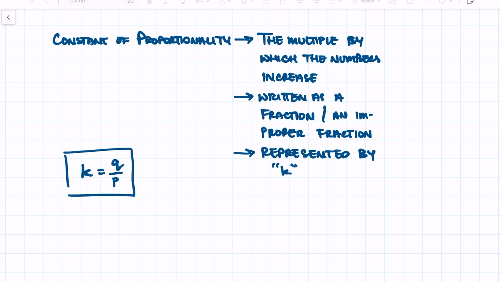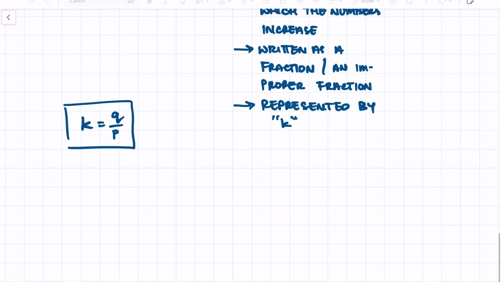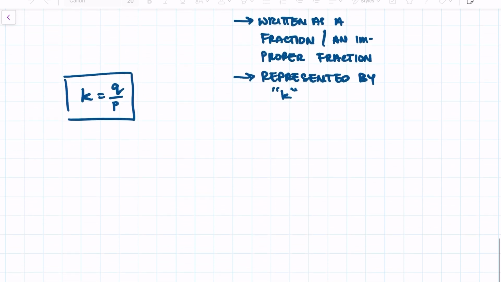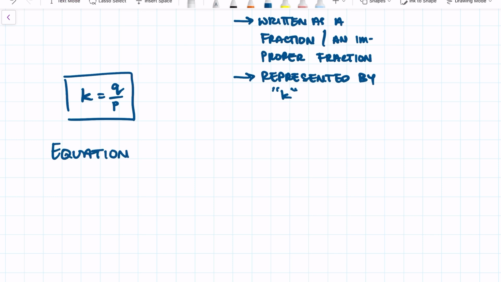So to continue on, once we can find the constant of proportionality, now we should be able to come up with an equation. And so what we are going to add on here is what we are going to call the equations of proportions.